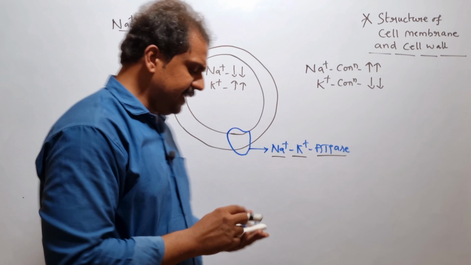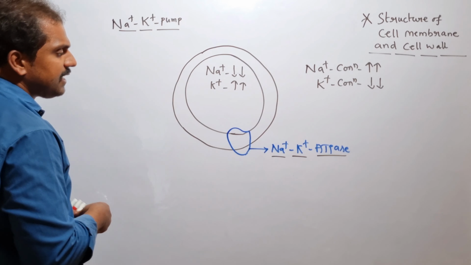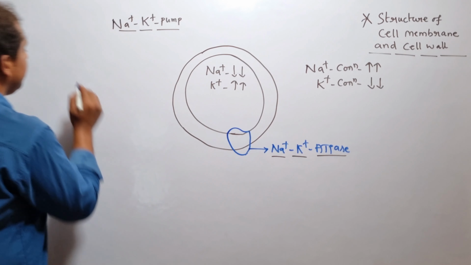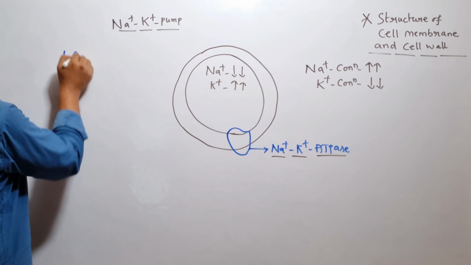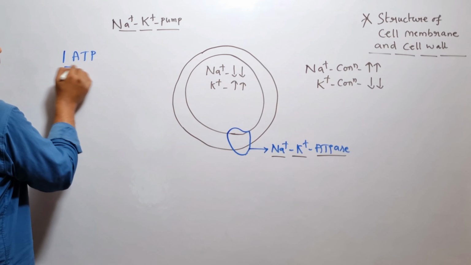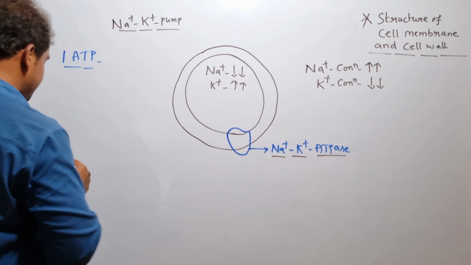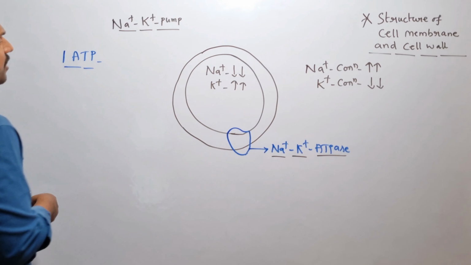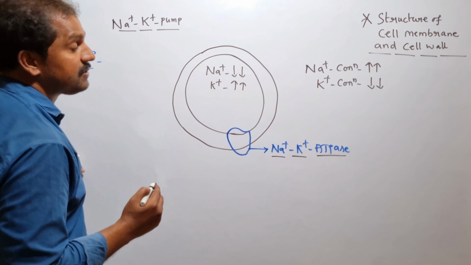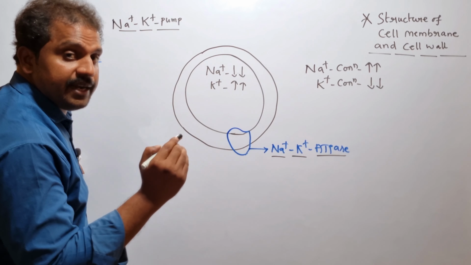Channel protein. And the Na plus K plus ATPase enzyme takes advantage of one molecule of ATP. So in the presence of one molecule of ATP, the successful passage of sodium ions as well as potassium ions against the concentration gradient takes place.